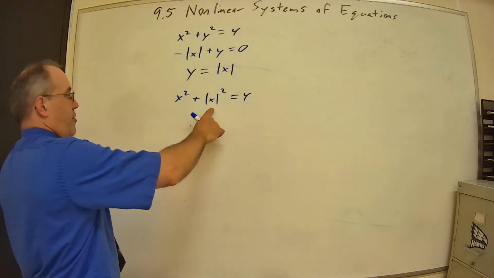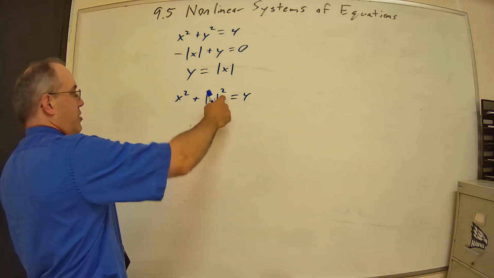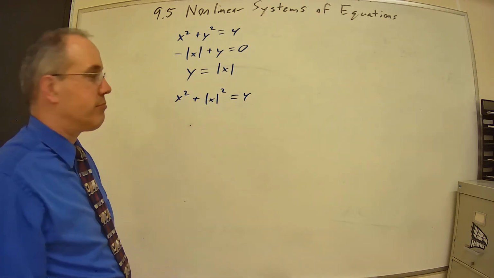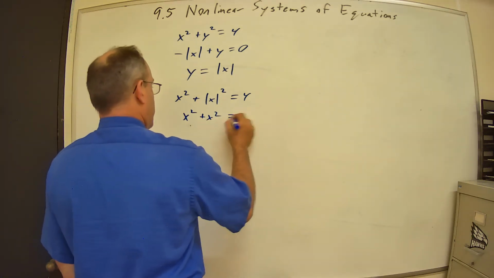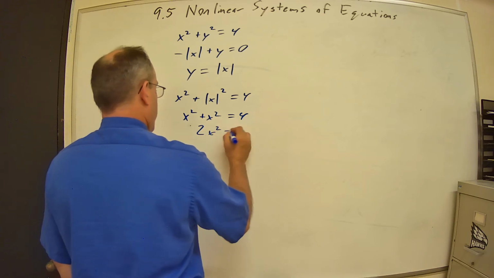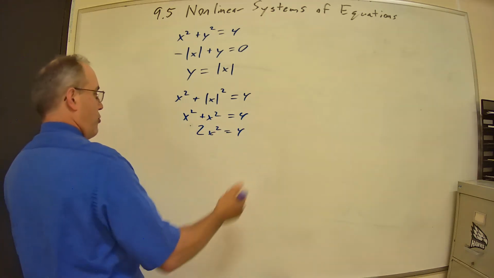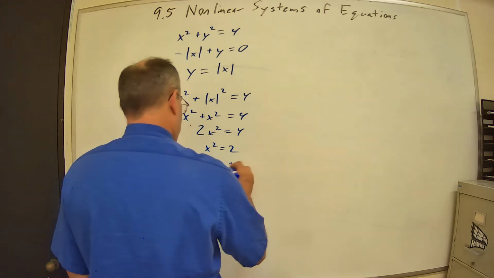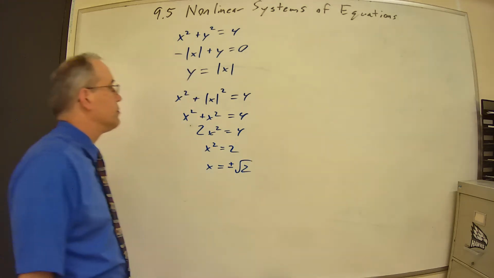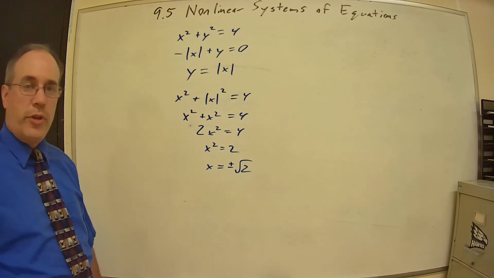Well, if you're taking the absolute value of x and squaring it, that doesn't really do anything. So we have x squared plus x squared is equal to 4, or 2x squared is equal to 4. Divide both sides by 2, x squared is equal to 2. So x is equal to plus or minus the square root of 2. Okay, simple enough.